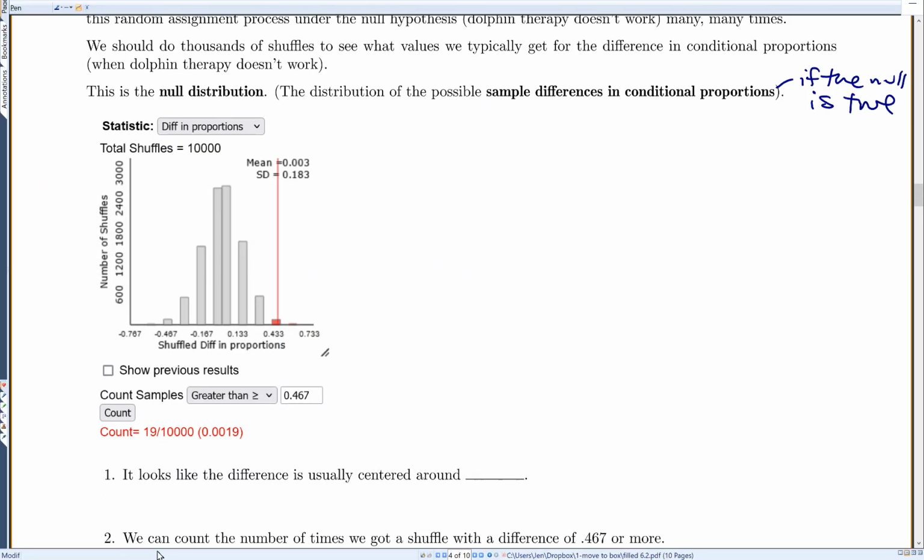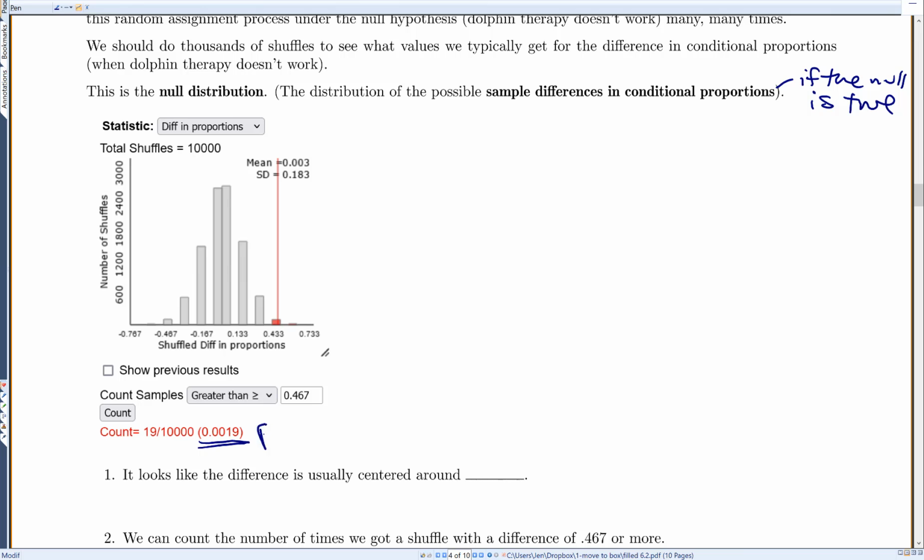Let's look and see what I got when I did it before. I did 10,000 times. My mean of all of these different sample differences was around 0. You can see the standard deviation of all those different sample differences, and you can see it count. I put in to count the samples greater than 0.467. That was our observed difference. I counted and got 0.0019.